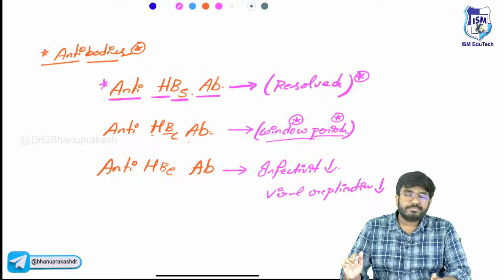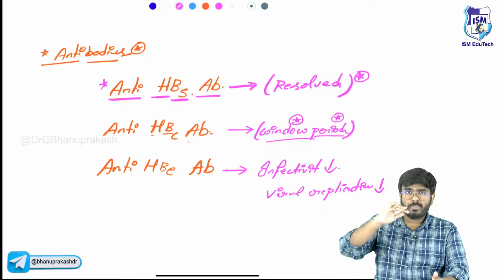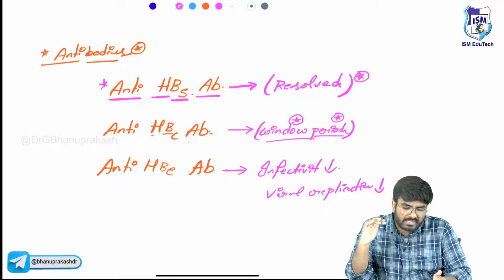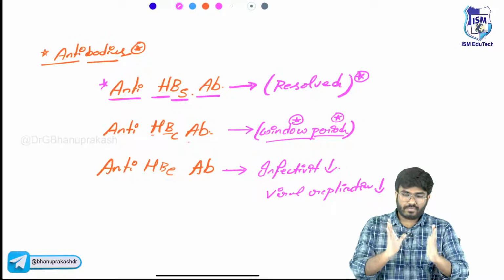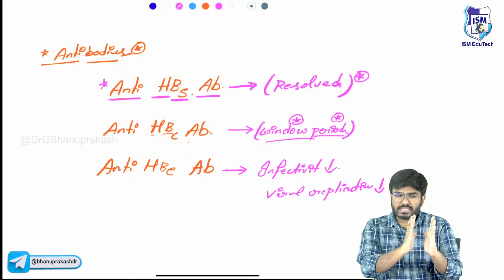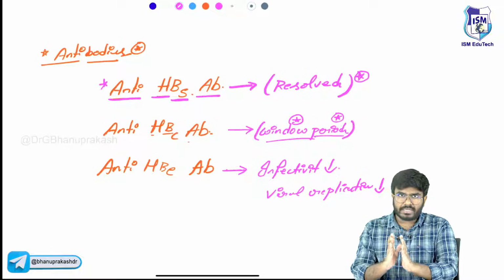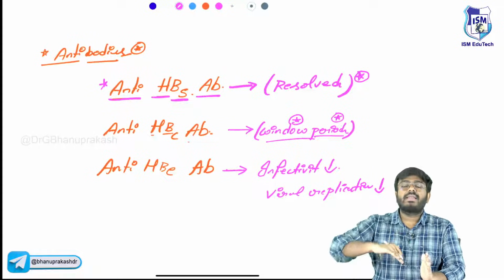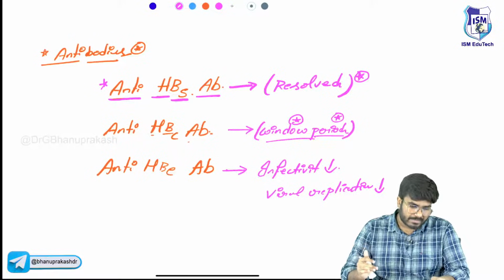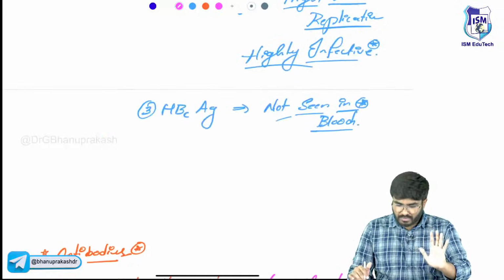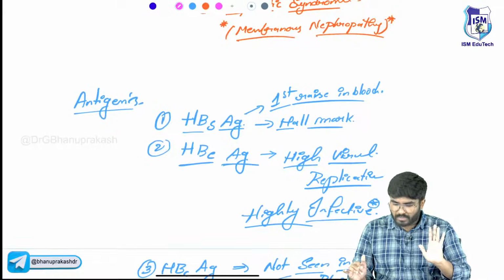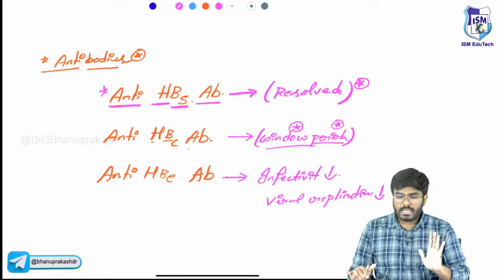Antibodies rise at the end of acute inflammation. As the acute inflammation is getting completed, the antibody titers will rise. One by one we will discuss the antigens as well as the antibodies.